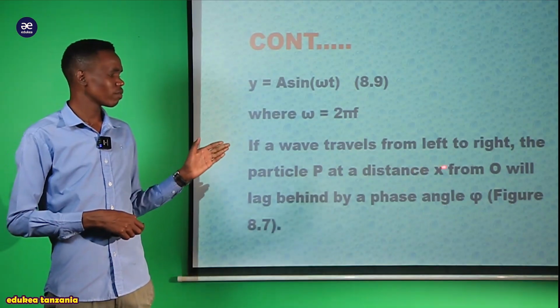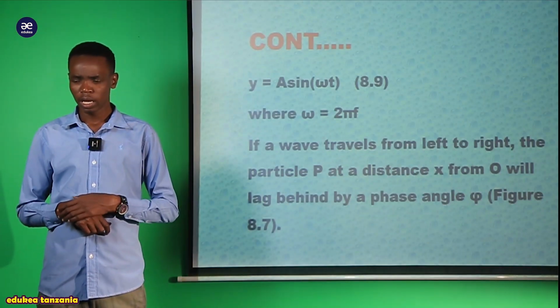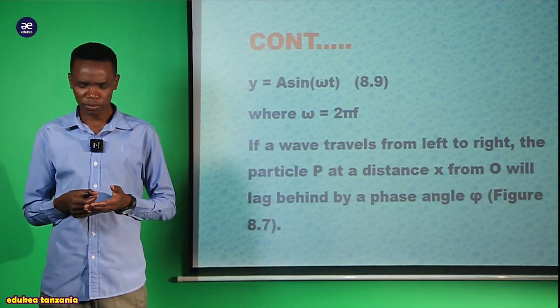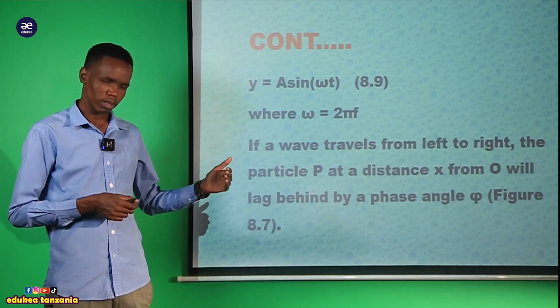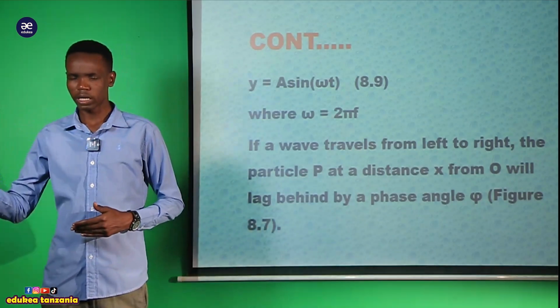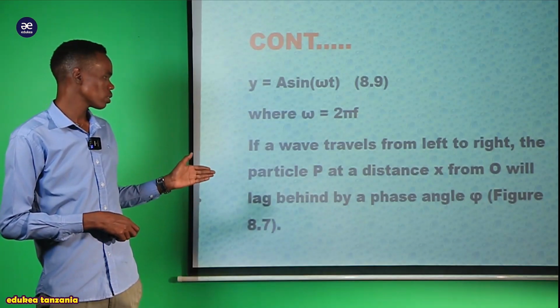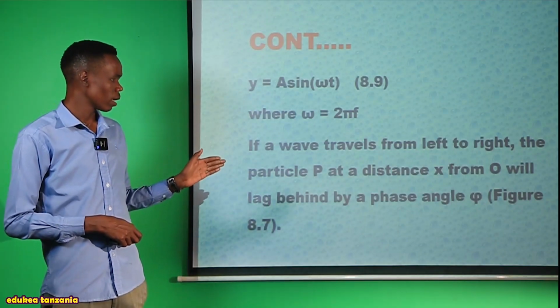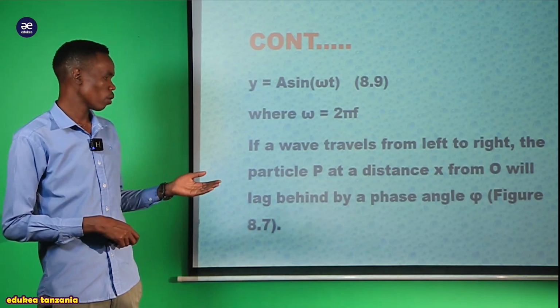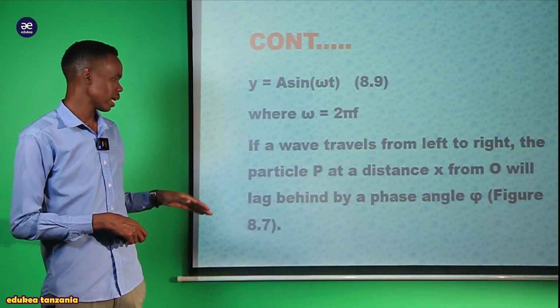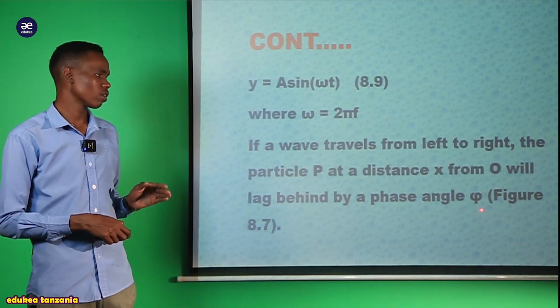So if the wave travels from left to right, imagine those waves try to move from the left, then they reach the right side, as we have been told. So the particle P at a displacement x from O will lag behind by a phase angle, this one.